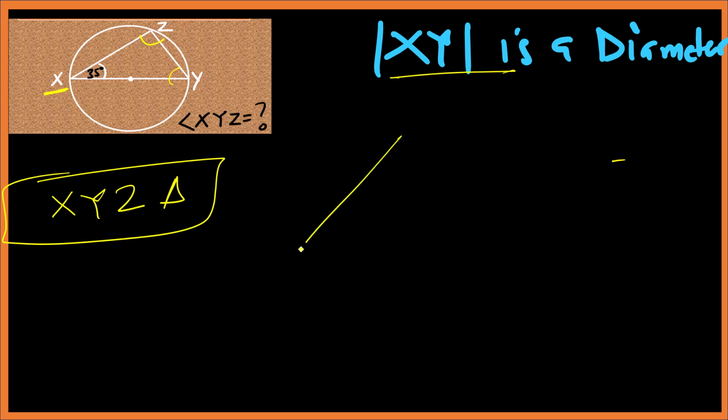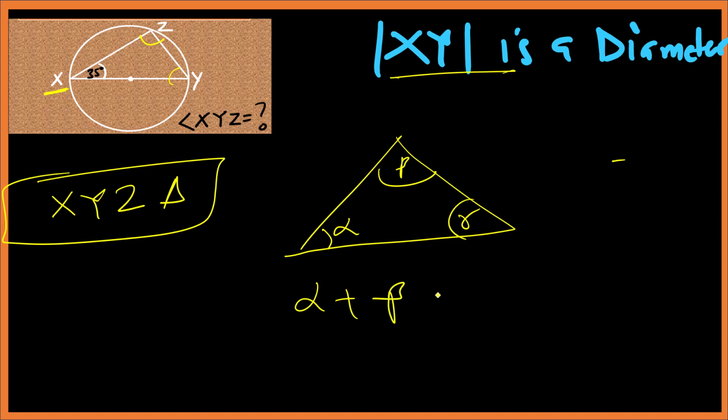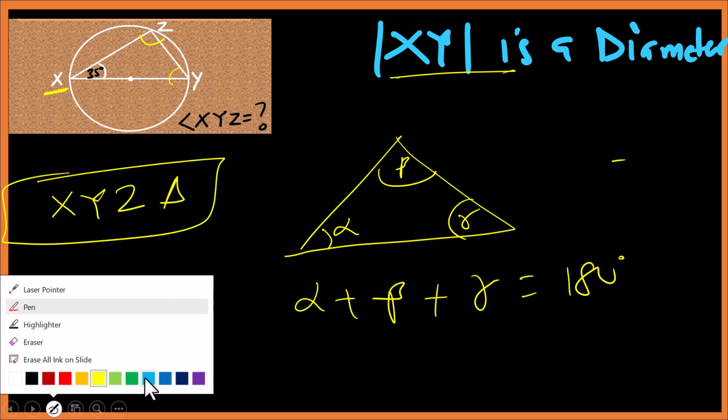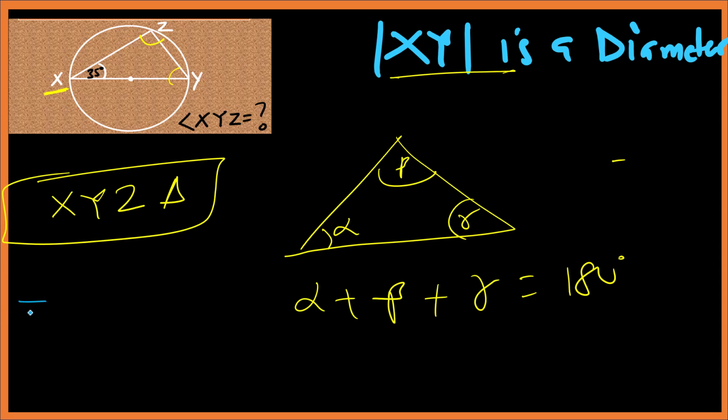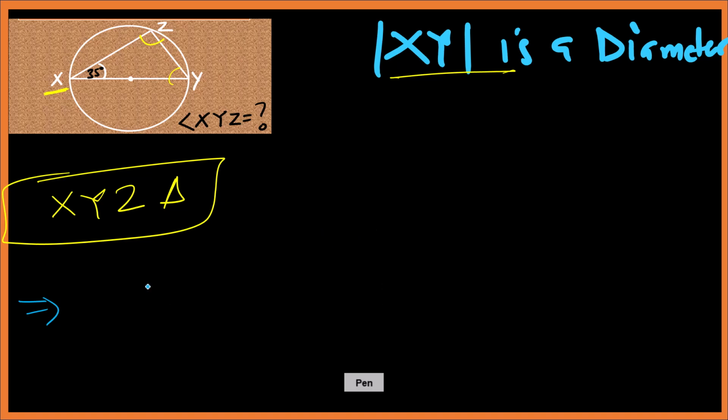Now if this side is alpha and this side is beta, this side is gamma, alpha plus beta plus gamma will give you 180 degrees. All right, now from here, angle YXZ plus, so let's solve it properly.